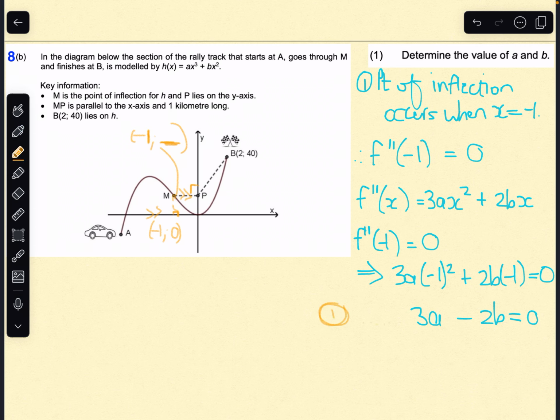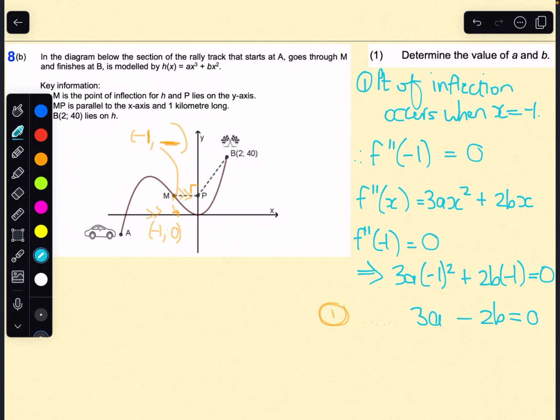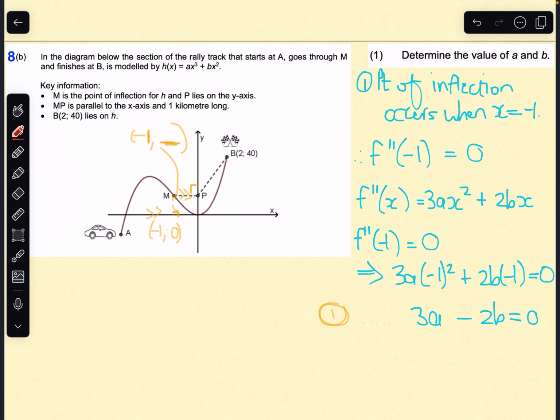Then the second important piece of information is the point B. We use that information to say that h of 2 is equal to 40.